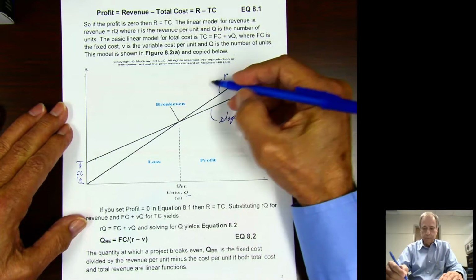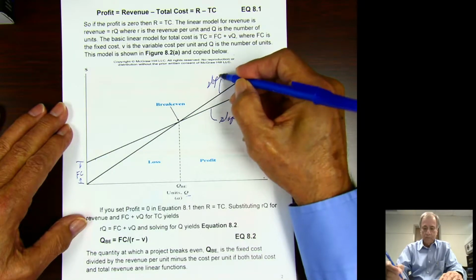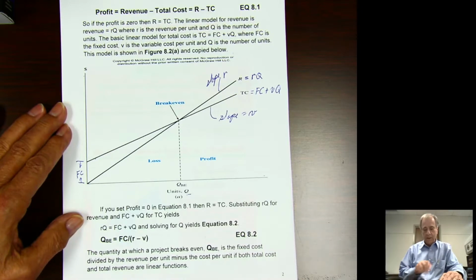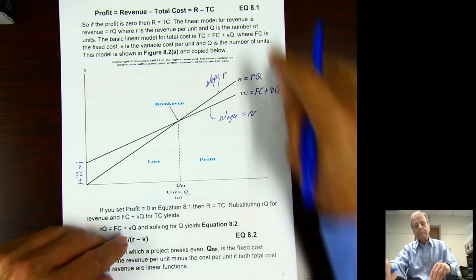And so equation 2 tells us that the break-even point is obtained by taking the fixed cost and simply dividing it by R minus V.